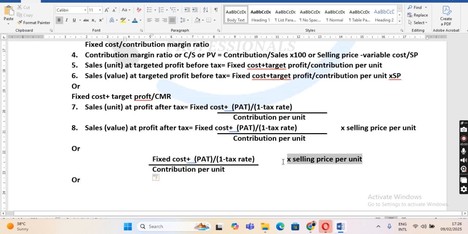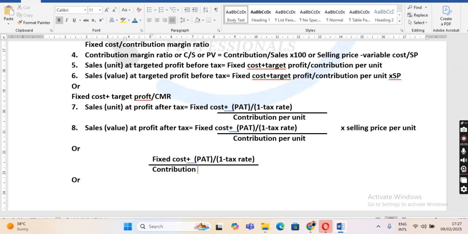So whichever one, we delete this, you use CMR. CMR means contribution margin ratio, of which we have examined the process.